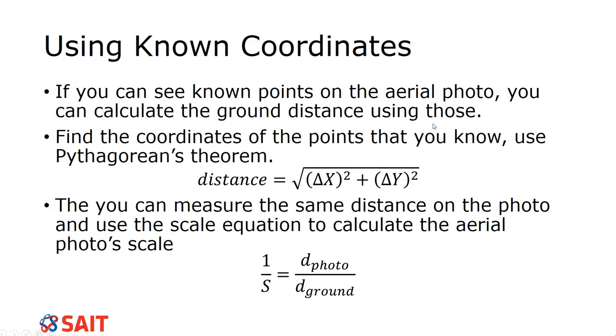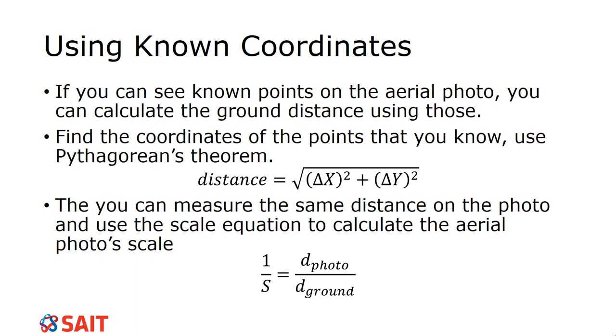So there are a couple different ways that we can apply looking at these points. We can either use known points and known coordinates. We're going to be using 2 points, like ASCMs perhaps, on the ground.